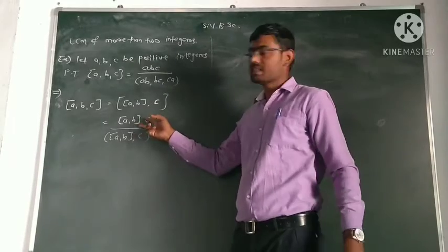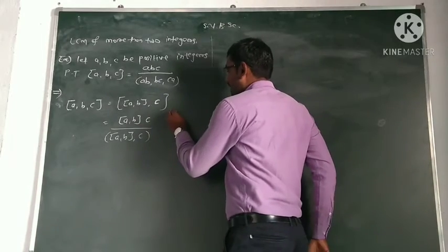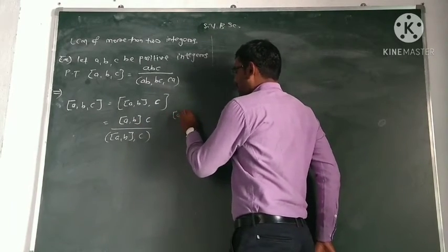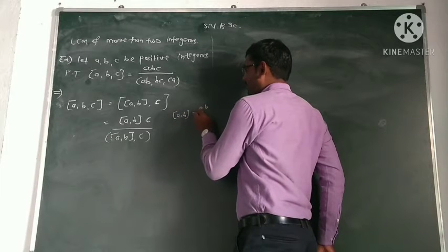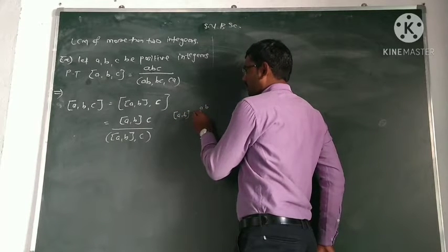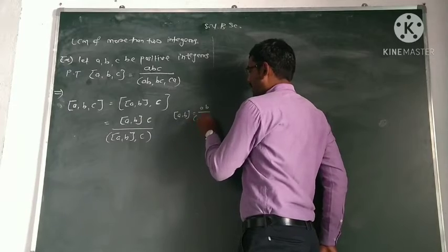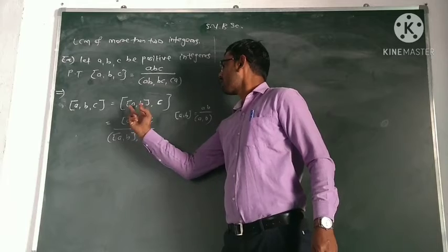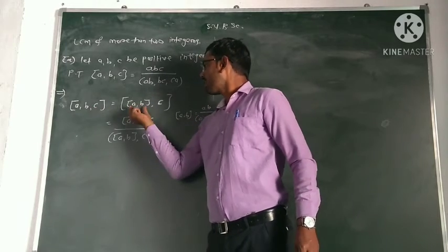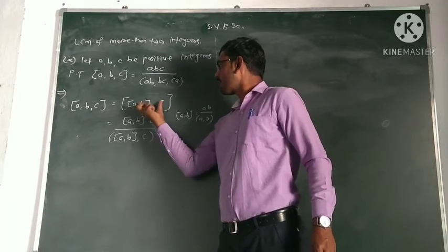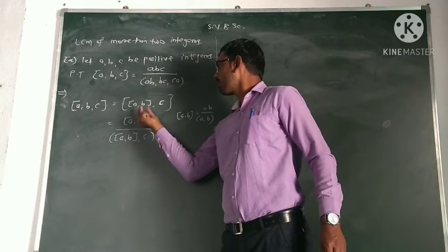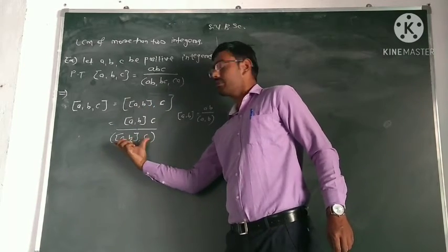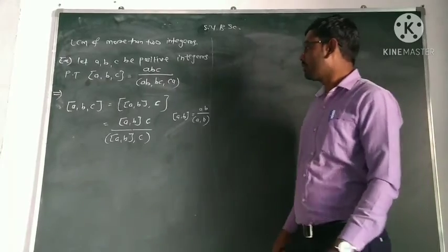You know our basic result: the LCM of A and B is equal to AB upon the GCD of A and B. Here, the LCM of AB and C is equal to their product upon their GCD.